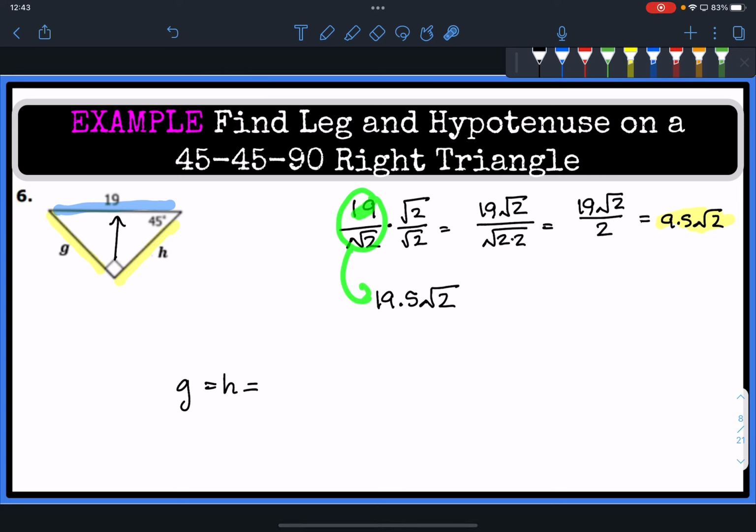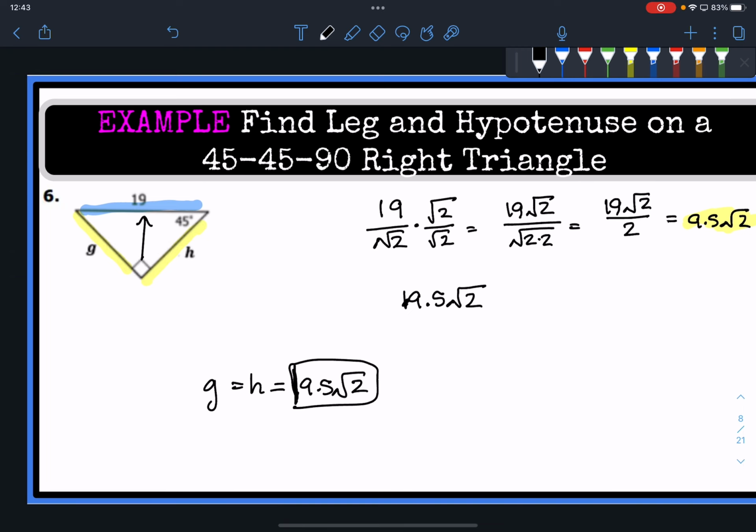So divide this by this number inside, but you just have to add that radical 2 on the side. That's essentially what's going on in these type of examples. So this is your answer. 9.5, not 19. I don't know why I keep writing 19. This should be 9.5, which is the same thing as 19 over 2.